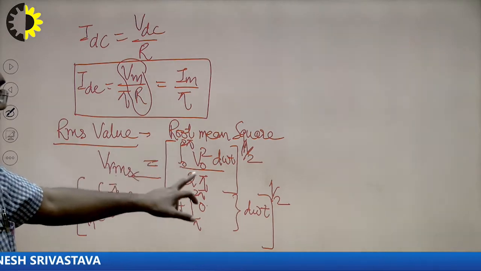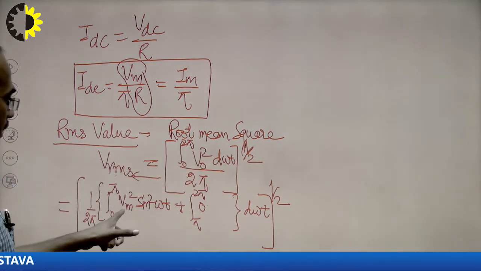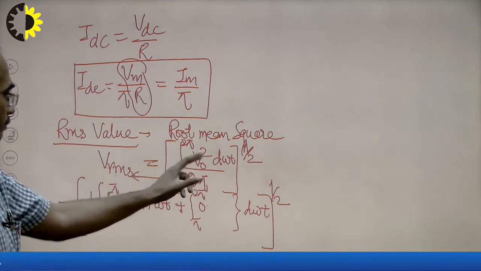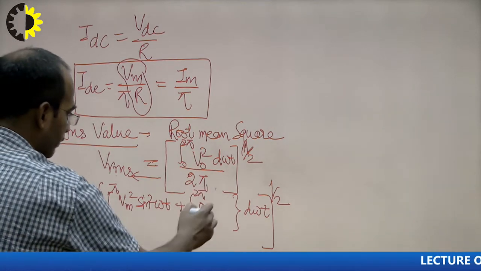I have written the expression for V naught. V naught is nothing but Vm sin omega t for 0 to pi, and for pi to 2 pi it is 0. So, this factor will become 0.